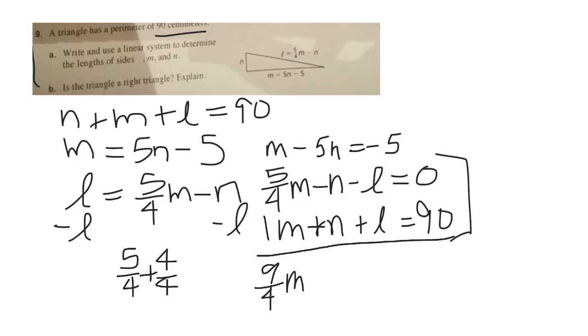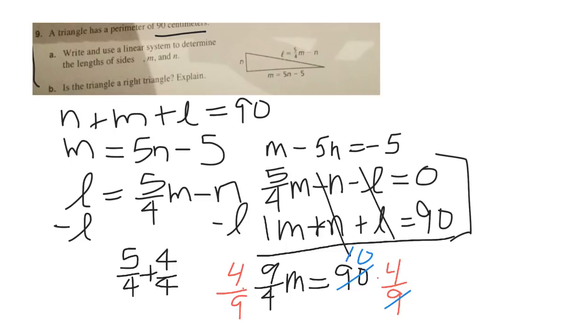And negative m plus n is 0, and negative L plus L is 0. So 9/4 m equals 90. Then I can multiply by the reciprocal, 4 over 9 times 4 over 9. And 9 goes into 90 10 times, and 10 times 4, m equals 40.